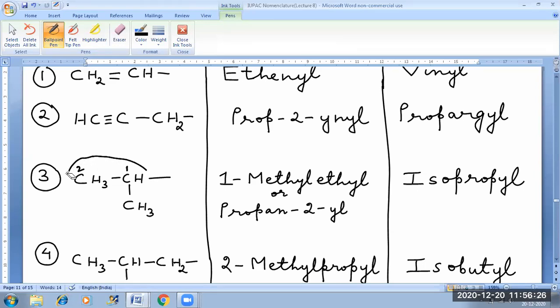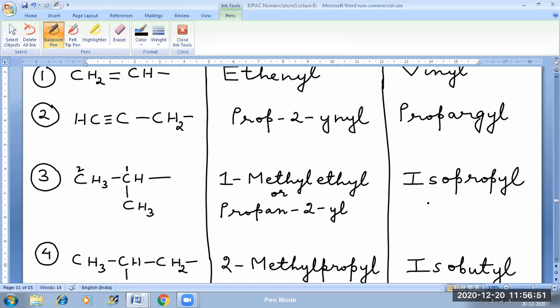Because this is ethyl, 2 means ethyl, and you have a methyl group attached here. So the IUPAC name that we have learned earlier systematically is 1-methylethyl. But also this is called propan-2-yl, and also it is called isopropyl.